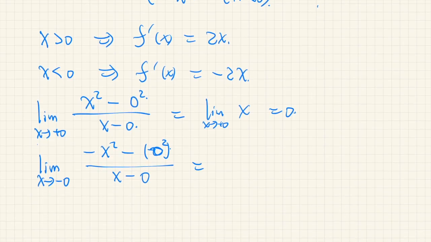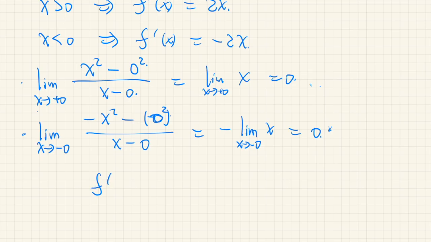Okay, so in this case we have negative x. But this limit is again 0. So the right limit and the left limit, they are the same. So the differential coefficient at x equal to 0 is 0.